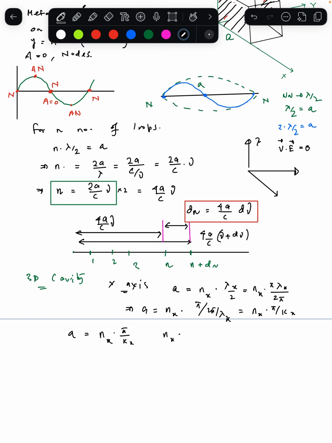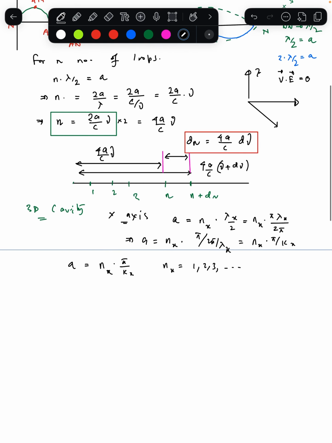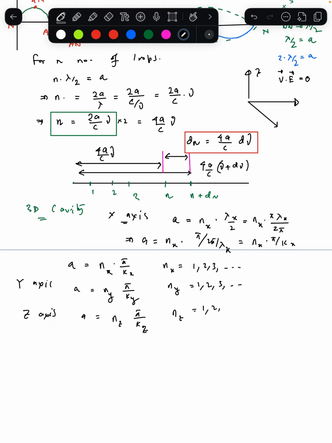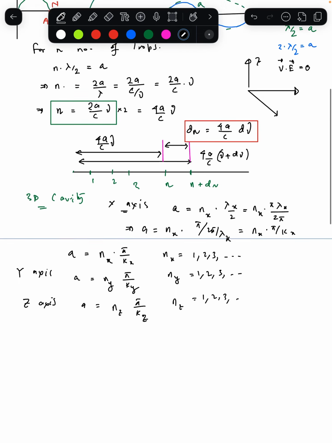Here nx varies from 1, 2, 3, because it will only take integral values. Similarly, along the y-axis, a is equal to ny pi by ky, where ny varies 1, 2, 3, and along the z-axis, a is equal to nz pi by kz, where nz is 1, 2, 3, exactly the same way.